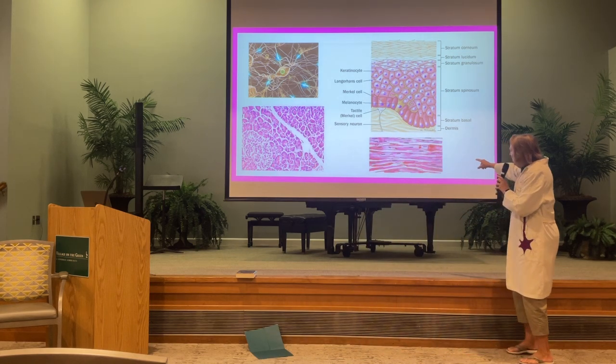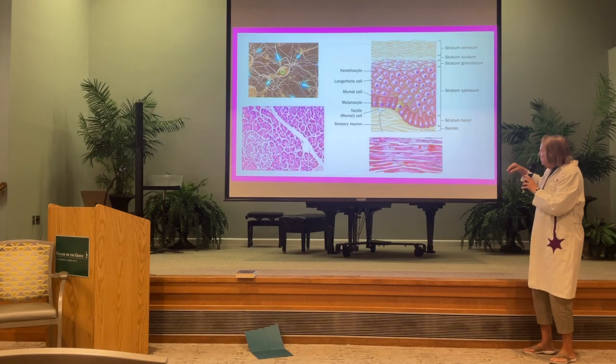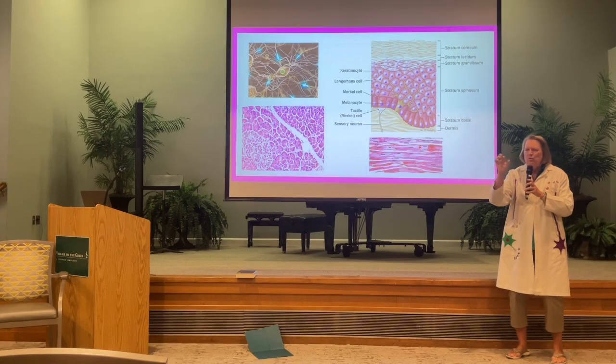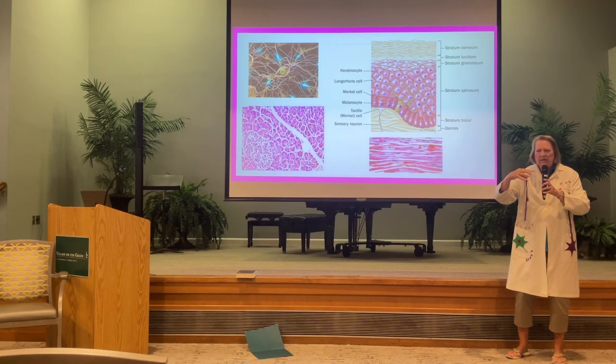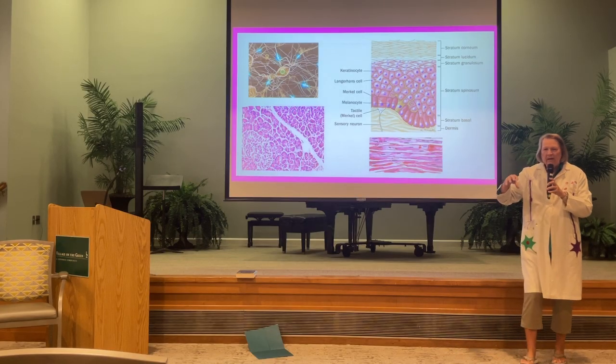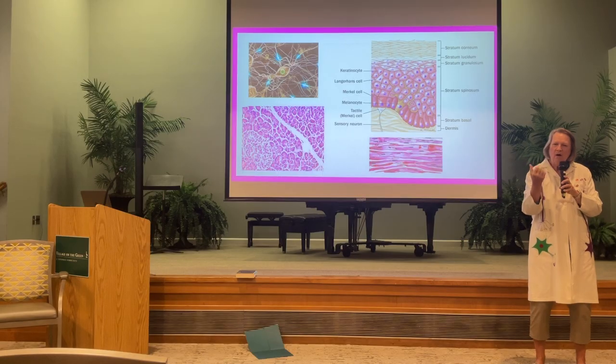This is cardiac muscle. How can I tell this? Because the cells are branched instead of being individual. They kind of branch into each other, and they have more than one nucleus in them. And that structure helps them to contract over and over and over again without rest.